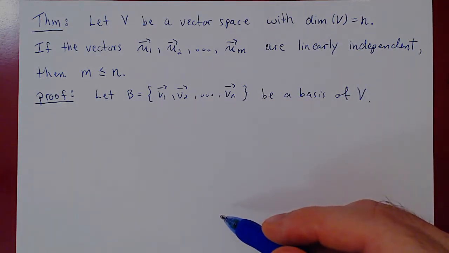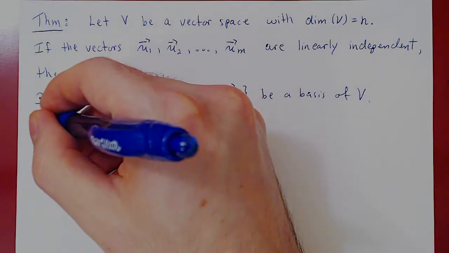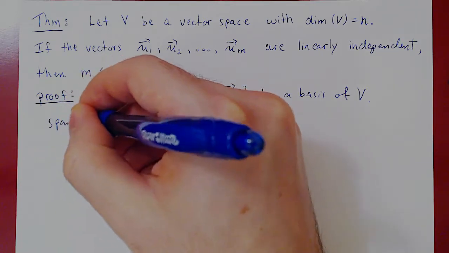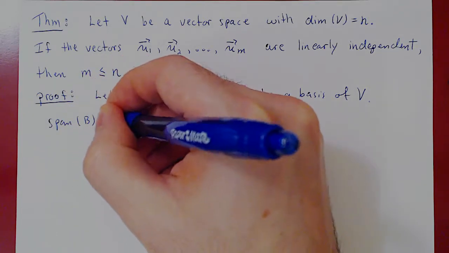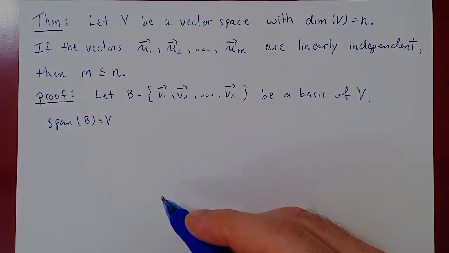So we know that the span of B is all of V, and that the vectors v1 through vn are linearly independent. So you say, okay, well, what does that mean?